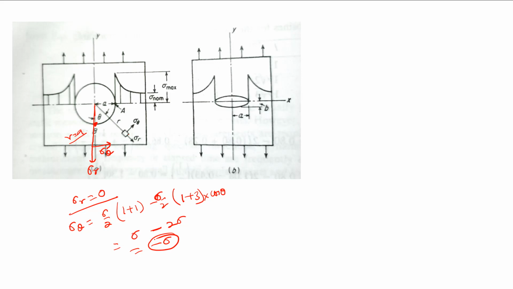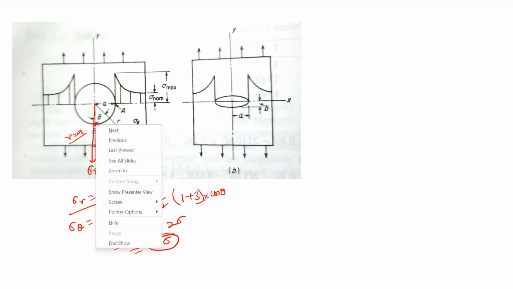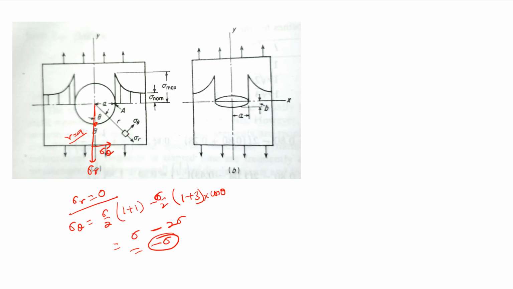Once it is minus sigma, we can say that the stress at point B is equal to minus sigma. That means some amount of compressive stress is over there. Here at point A there will be tensile stress, and at point B there will be compressive stress, and this compressive stress will be equal to the nominal stress being applied.